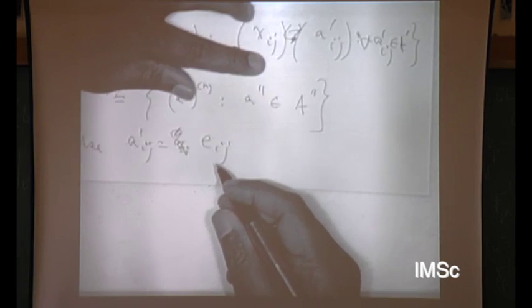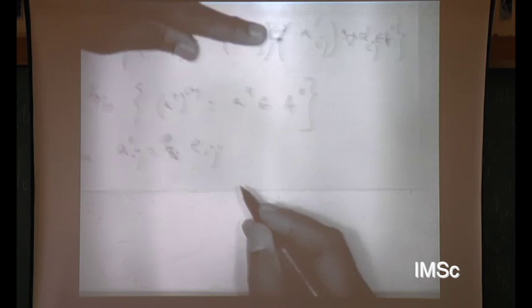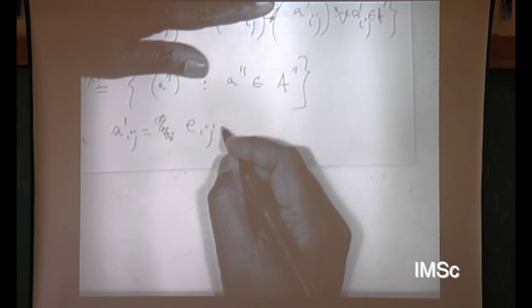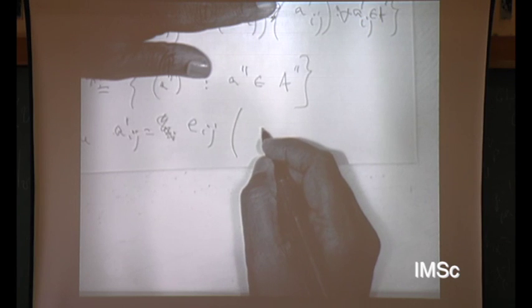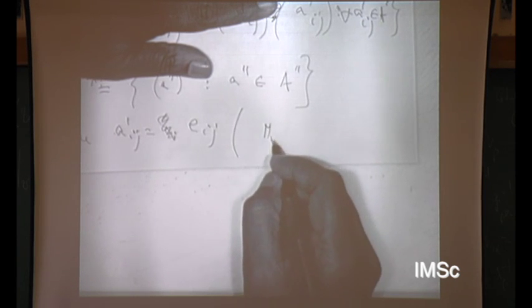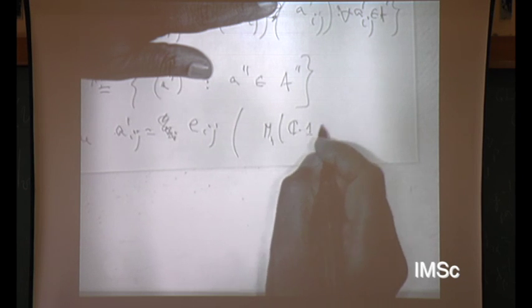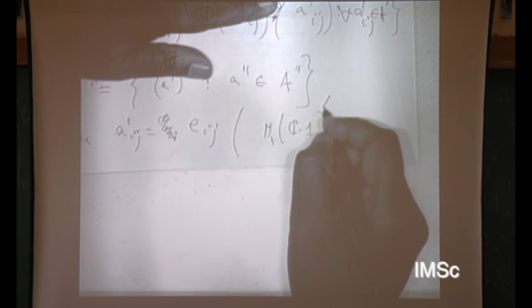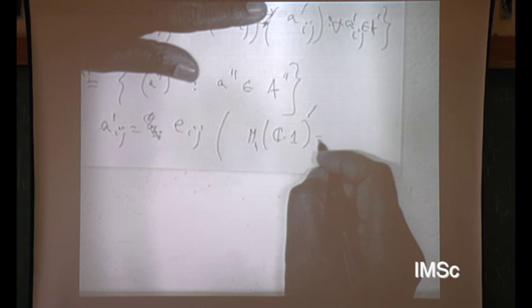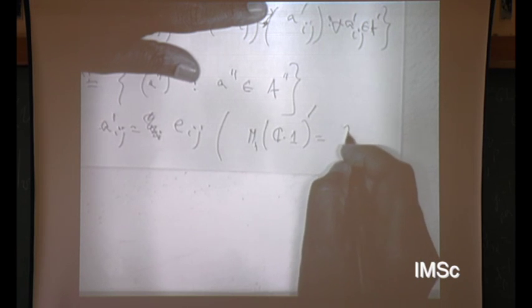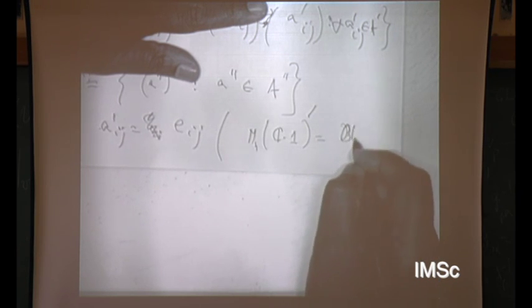So I'm saying that in fact the commutant of Mn(ℂ) times identity is B(H)n.